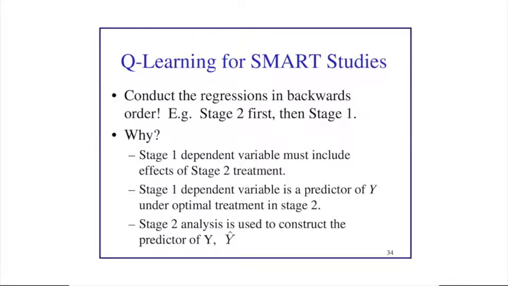The stage 1 dependent variable is the predictor of our outcome if the person received their best treatment in stage 2. So we have to construct this predictor. We do the stage 2 regression, then we construct the predictor, then we do stage 1.